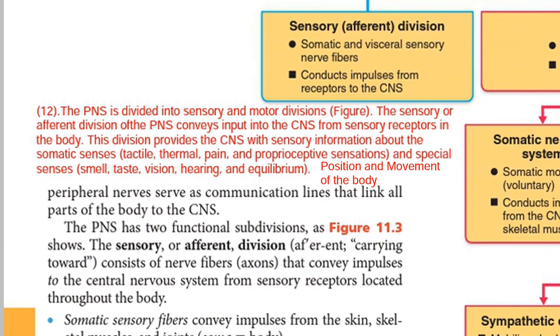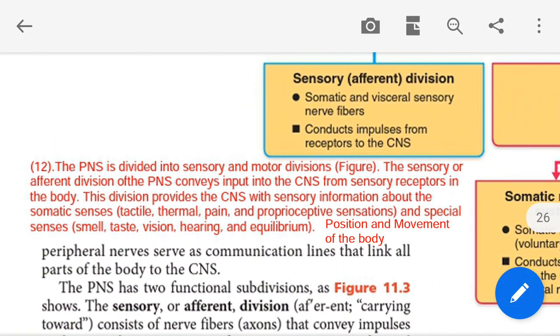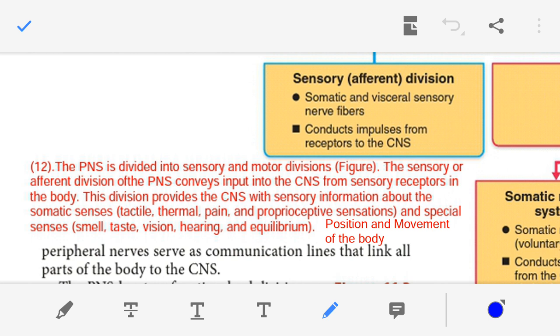Now the function of the sensory division. The sensory division of the PNS conveys input into the CNS. That means the sensory division sends the signal, the nerve impulse, to our brain and spinal cord with the help of sensory receptors, and sensory receptors are present in all the body organs. Now there are different types of sensory receptors, and these are known as somatic. Soma means body.